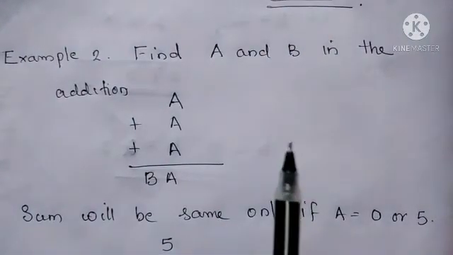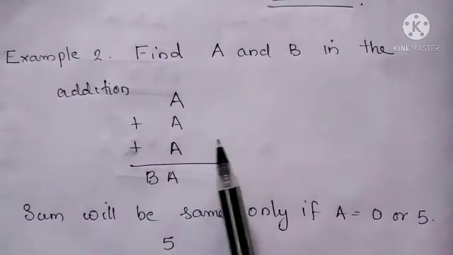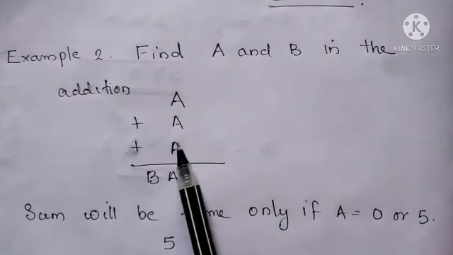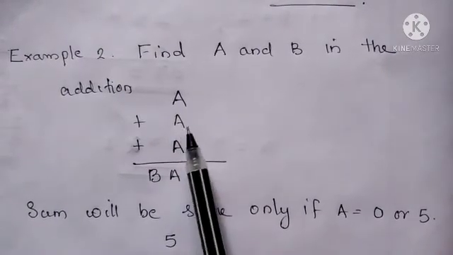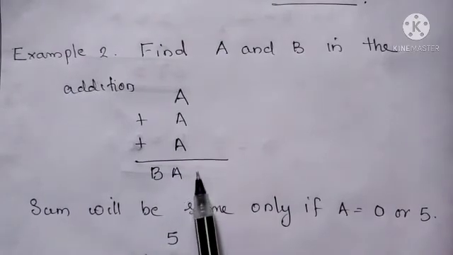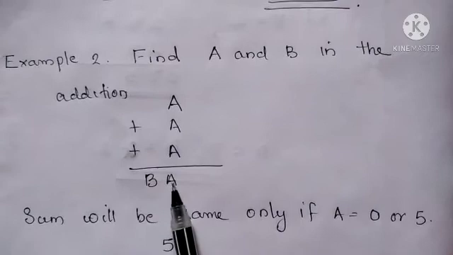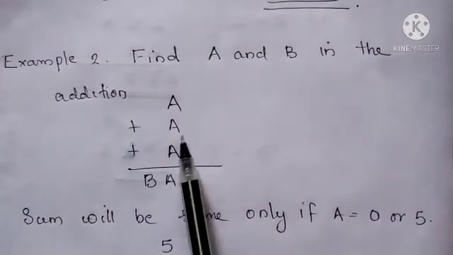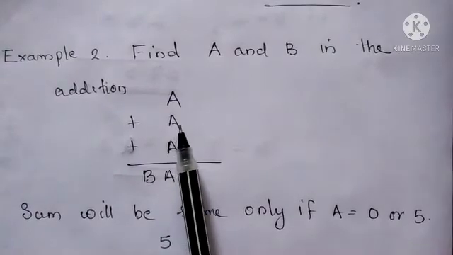Next example 2. Find A and B in the addition. One addition is given there: A plus A plus A gives BA. That means 1 digit is here, but after addition the unit place has that digit itself. So we know that 0 plus 0 plus 0 will give 0, or another digit in such a way.